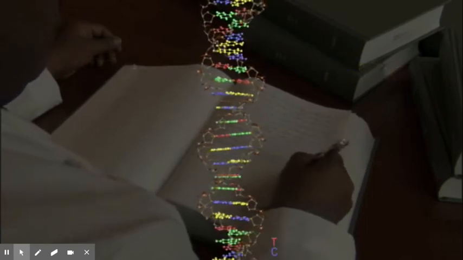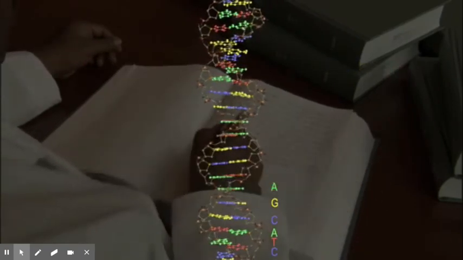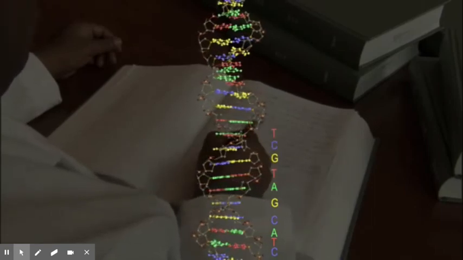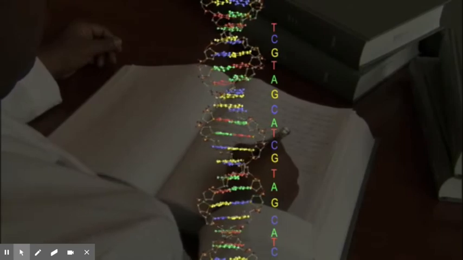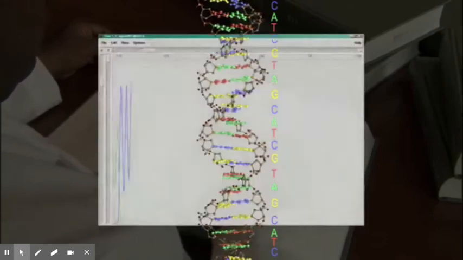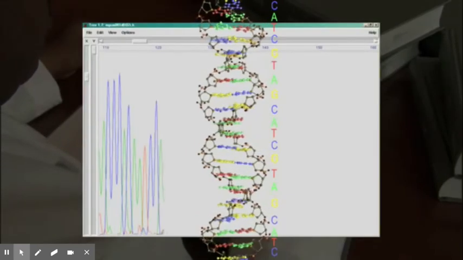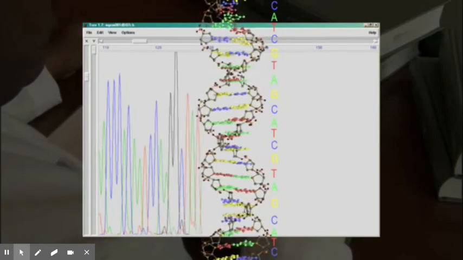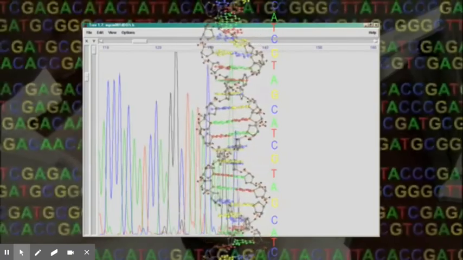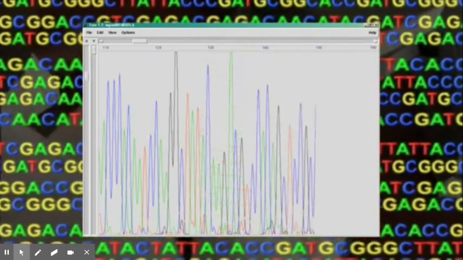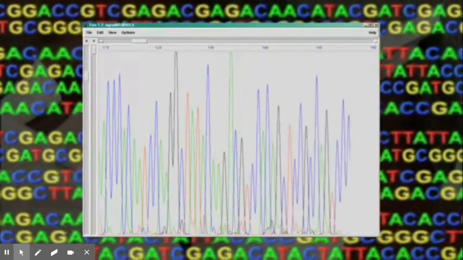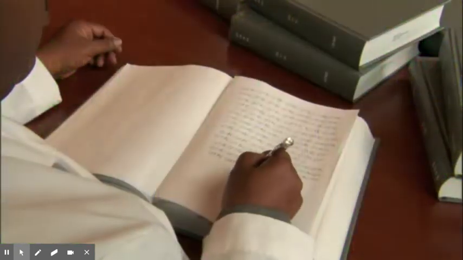Step by step, and 3 billion letters long, this is the formula for a human being. The existence of this tiny code, written molecule by molecule inside each of our cells, is a remarkable discovery all by itself. But scientists have now read that code, examined it letter by letter, and written it down.